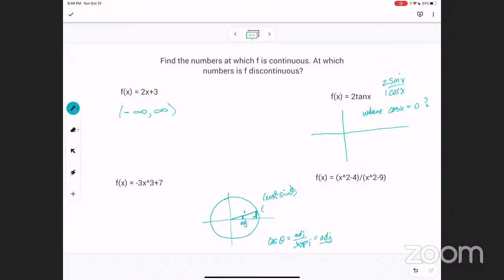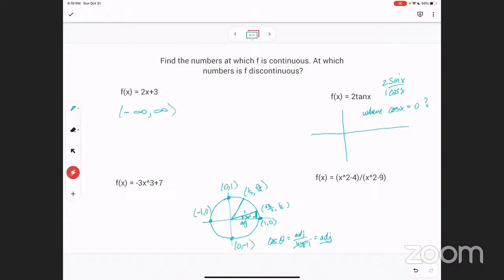This was √3/2, and this is 1/2 for a 30-degree angle. And this is a 60-degree angle, and it's just flipped: 1/2, √3/2, and so on all the way around. Even better, the points on the axes: this is 1, 0, this is 0, 1, this is -1, 0, and this is 0, -1.